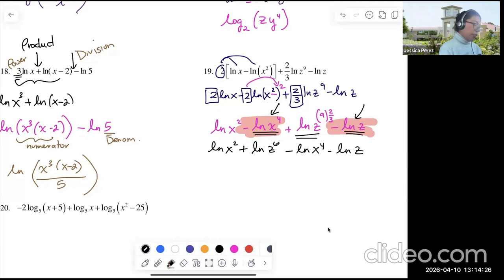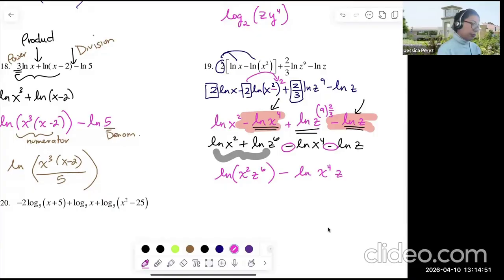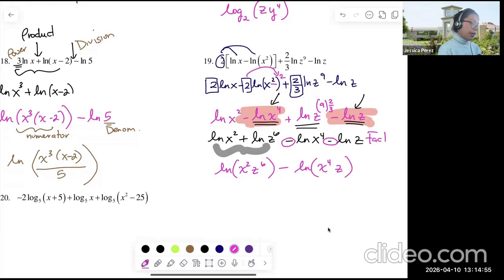So then I have a product between here. So it's going to be ln of x squared times z to the sixth here, minus ln of, well, if I factor out a negative, I will have x to the fourth z. So what I did is I factored the negative out.